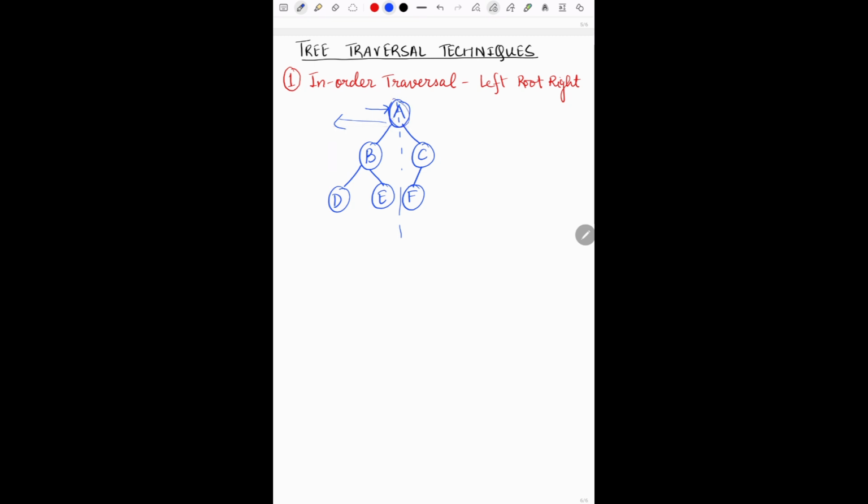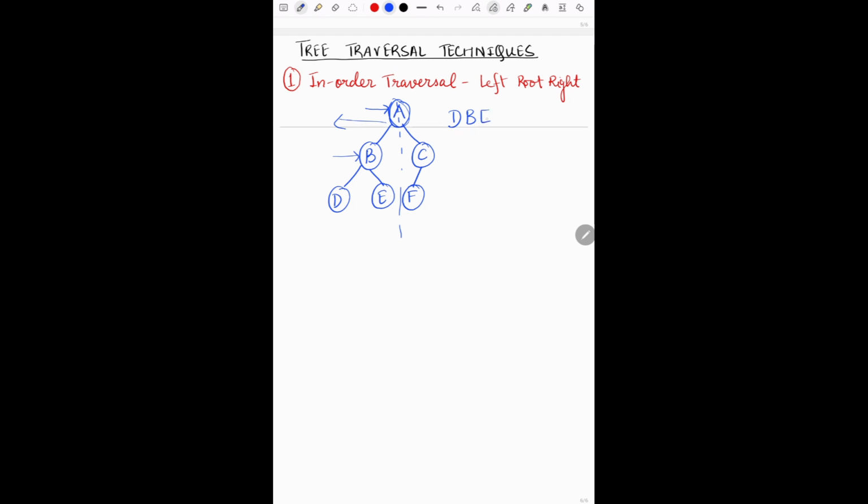As soon as I go there, I encounter another root node. Since we are trying to find the in-order traversal, we should move on to find the left subtree. So the left of B is D, then the root which is B, and then the right.